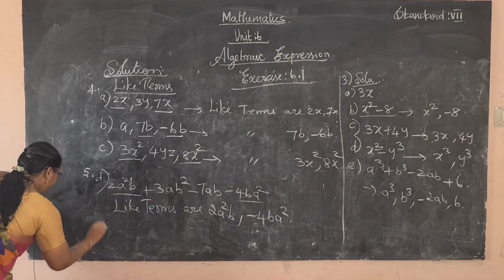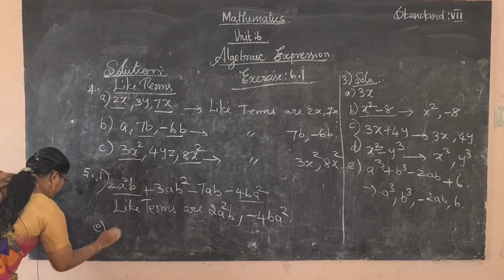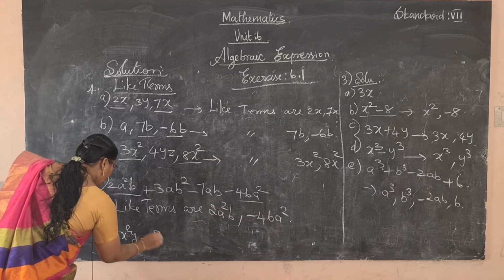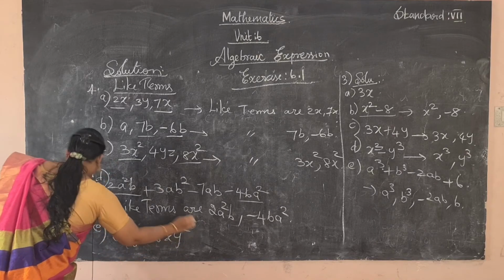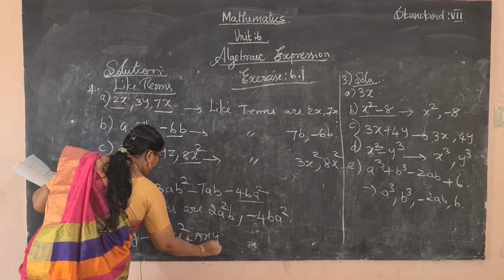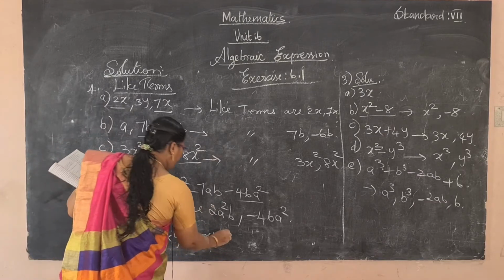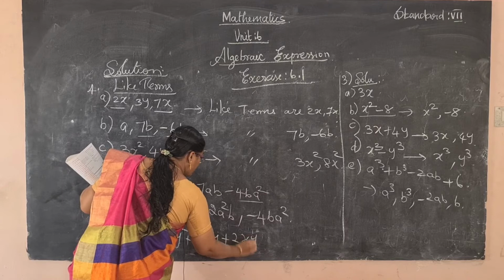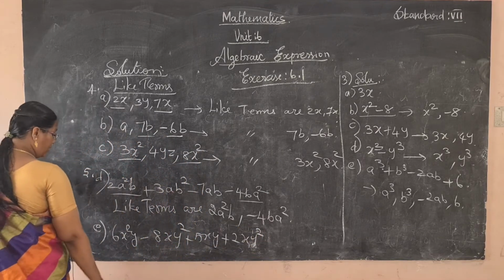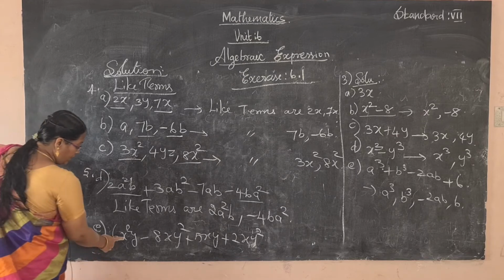And E: 6x squared y, minus 8xy squared, plus 5xy, plus 2xy squared. Okay, so what are the like terms here? Here x squared y.